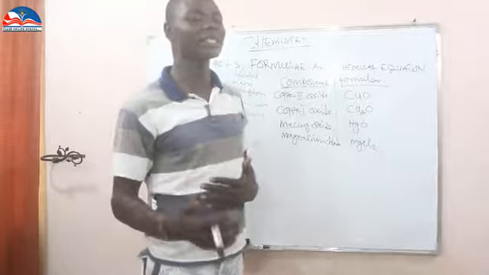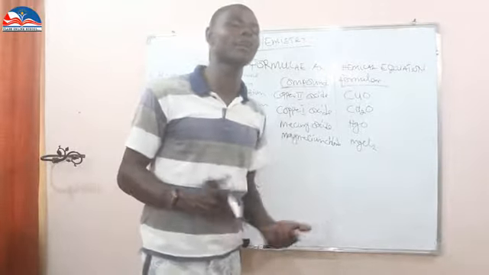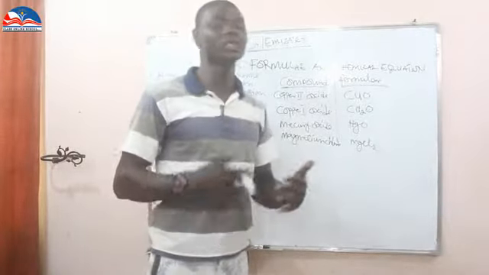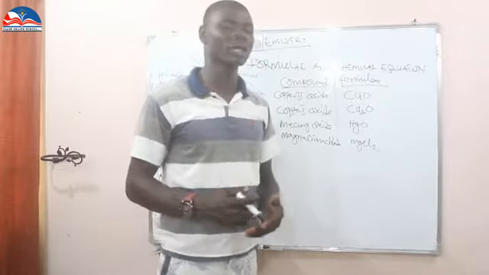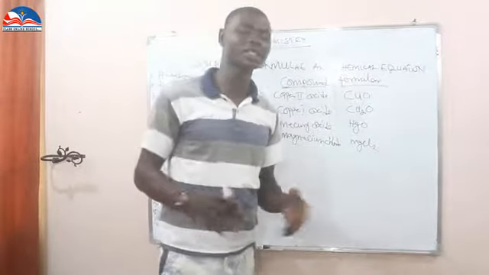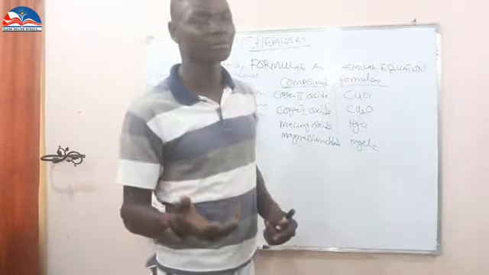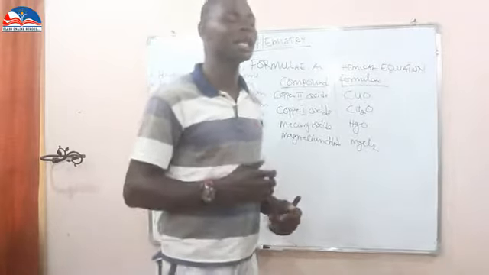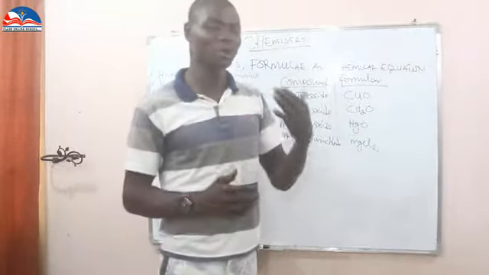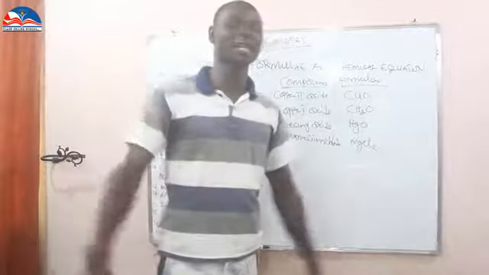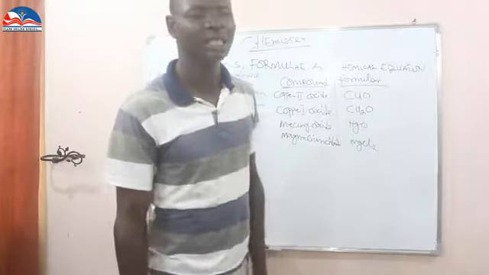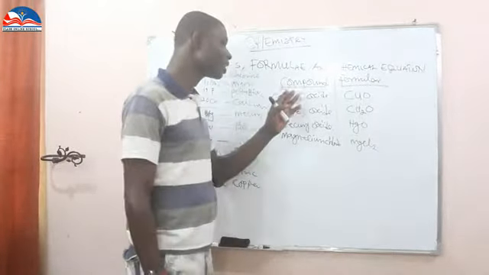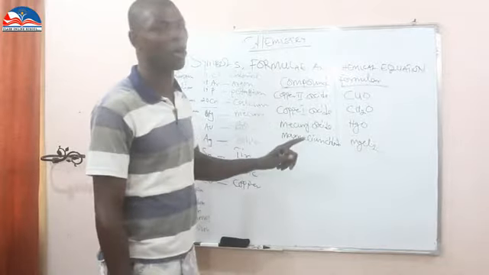Valency becomes what we call the combining power of an element. And that valency is talking about their radicals. Their radicals simply means the group of atoms that possess what? Charges. And those charges belong to the number of electrons that that particular element possesses. That is the meaning of formulae or valency.